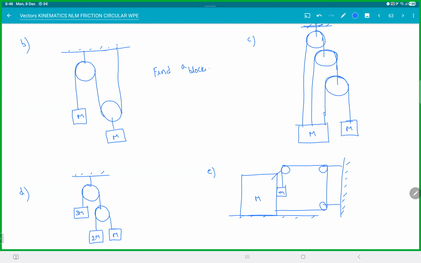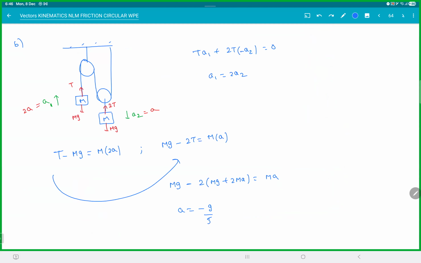Let's see the next one. Same story. This would be tension T. This would be T. This would be 2T. This would be 4T.